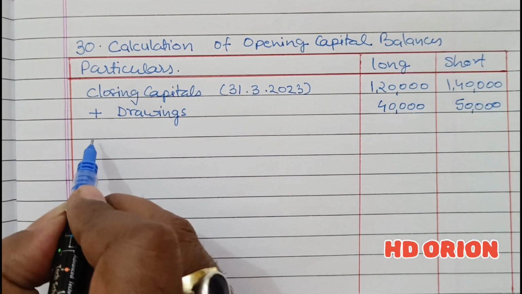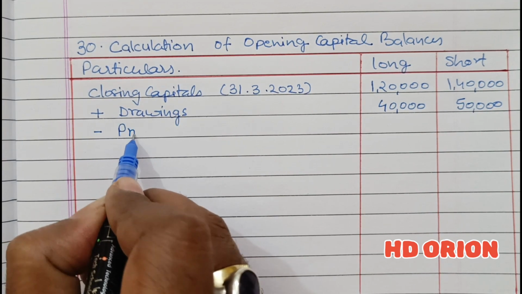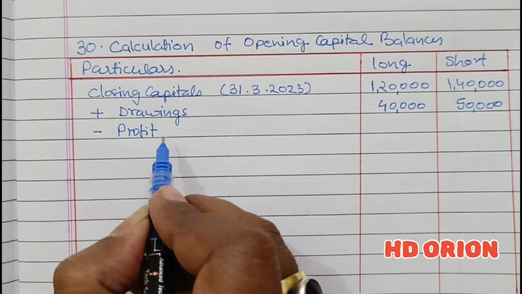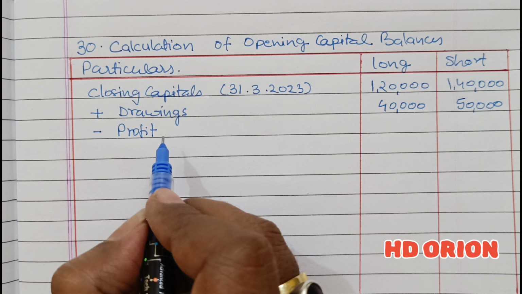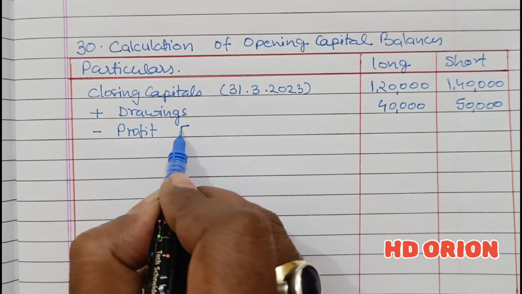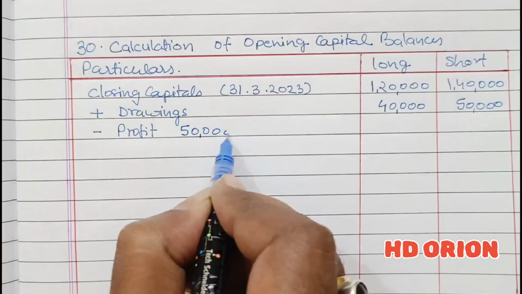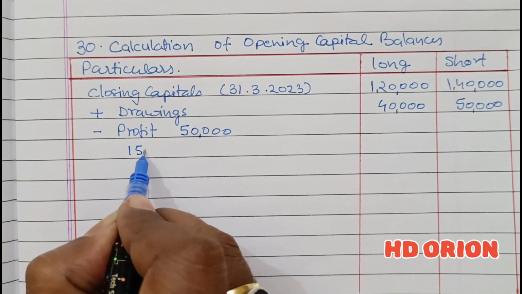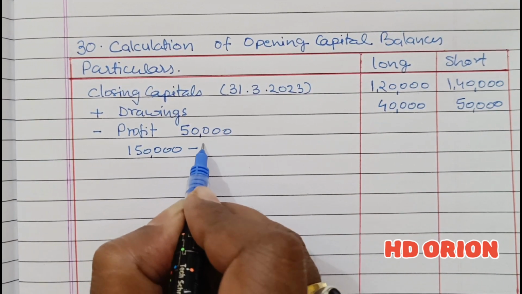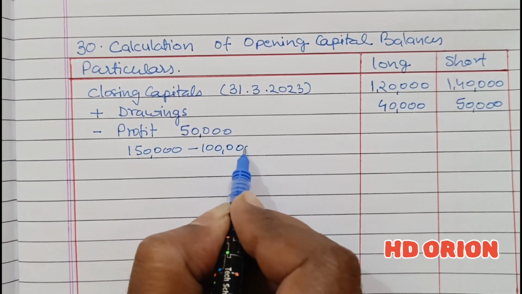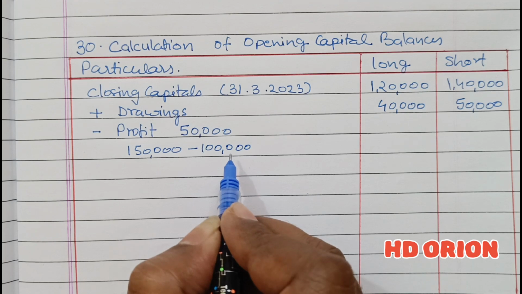Okay, then we will subtract profit, divisible profit or distributable profit. And this distributable profit is rupees 50,000. How 50,000? Out of net profit 1,50,000, general reserve of 1 lakh is prepared.